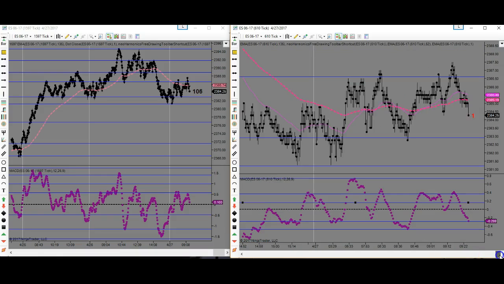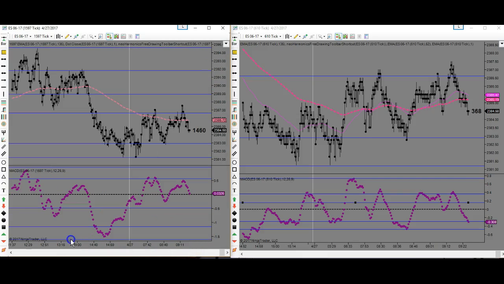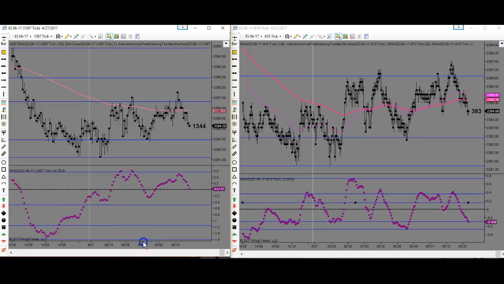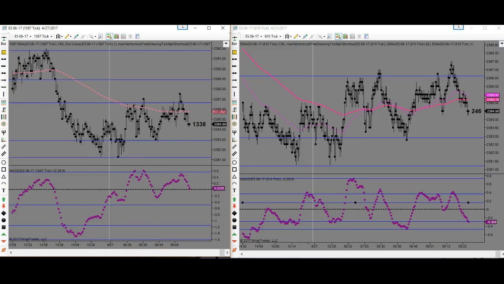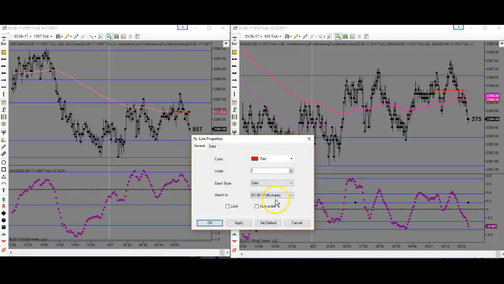Okay, so that's how we create those lines. Now, let's go back to the market, and we'll have to draw our HTF EMA in. I just draw a line along this pink line right here. It's going to show up over here as long as you have it set properly, which means that it's attached to all charts.